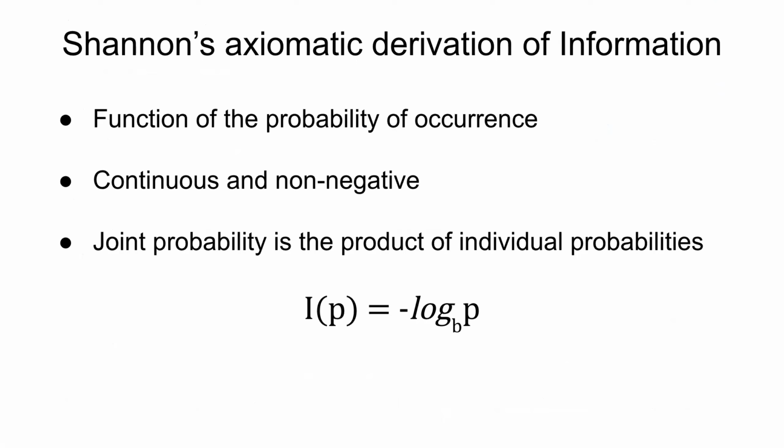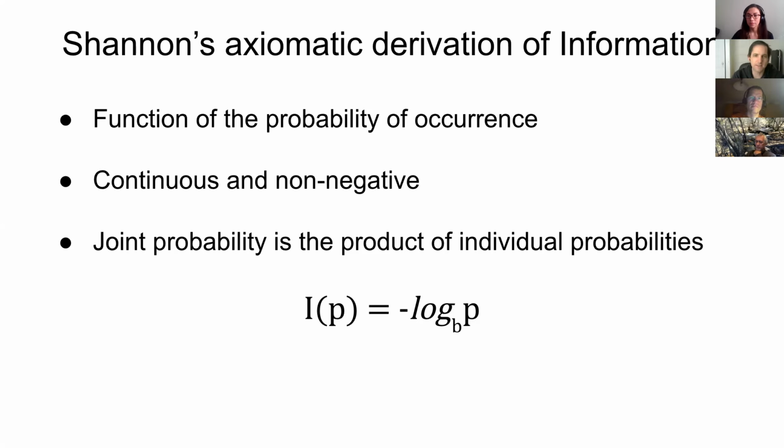The first is that information is a function of the probability of an event occurring. So information is a function of a probability. And then the second axiom he points out is that the function is continuous and non-negative.